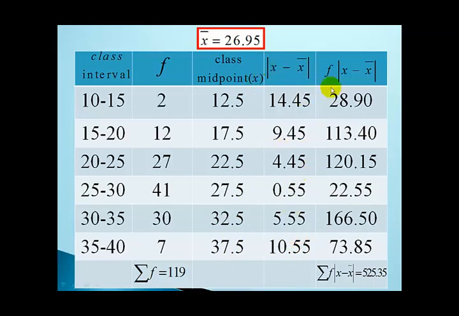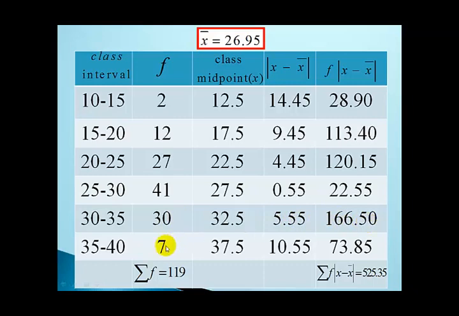Now we multiply f by the x minus x bar. So we have 2 times 14.45, and that is 28.90. Then we have 12 times 9.45, we have 113.40. 27 times 4.45, and we have 120.15. 41 times 0.55, we have 22.55. 30 times 5.55, we have 166.50.